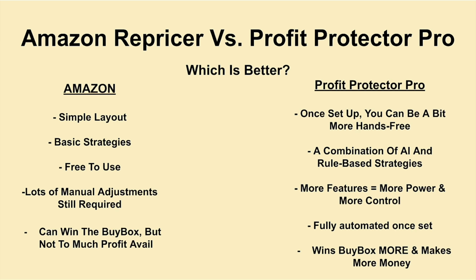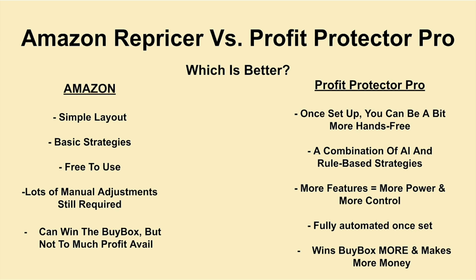It's got a lot more features than what the Amazon repricing tool has, so therefore you've got more power and more control over your inventory when it comes to repricing. Fully automated once set, so not only can you set up the min and max price, turn it on, and boom, it'll just reprice for you. There's other things you can do in there as well to automate other functions.